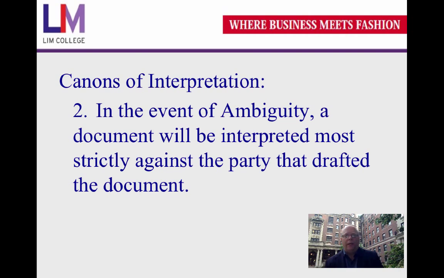It can be interpreted A or it can be interpreted B. If party A drafted the document and B interprets the document to mean something else, the court will rule against the party that drafted the document. Reason being is they drafted it, they should have made it more clear. Okay? And since they didn't, they're the ones that are going to have to suffer the consequences.